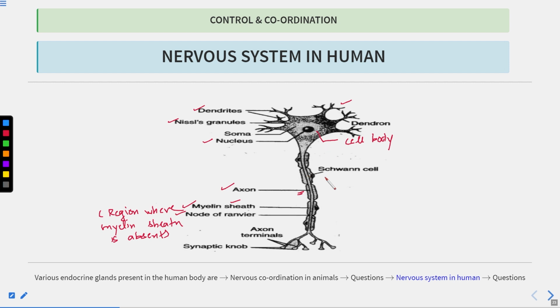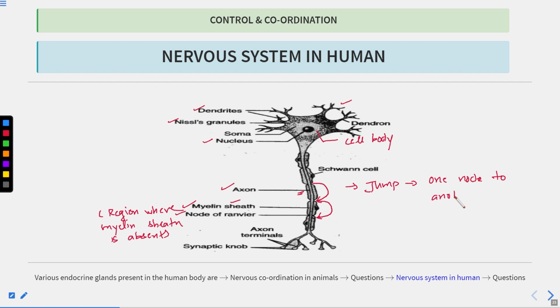So the nerve impulse travels from one node to another node, like this.